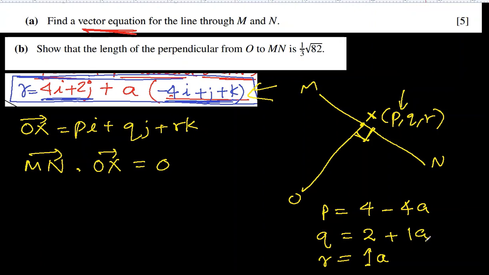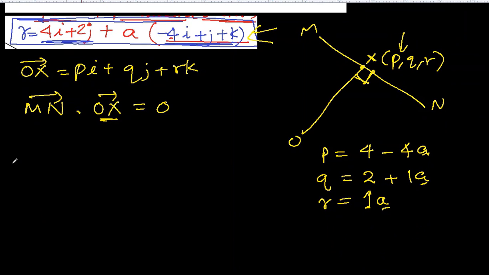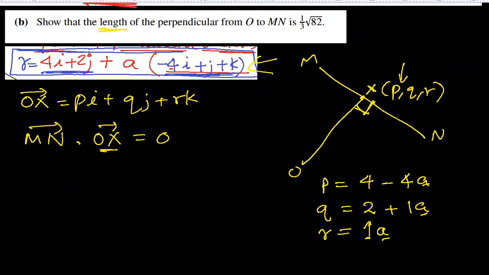So if we find a, somehow we can find P, Q, R, and that will give us the vector OX, and if I find the magnitude of OX, that will be the perpendicular distance from origin to MN. That's the length they want, right? So we know that they are having a dot product of 0, so MN was already with us. It was minus 4i plus j plus k. This is vector MN in this equation. Dot OX.